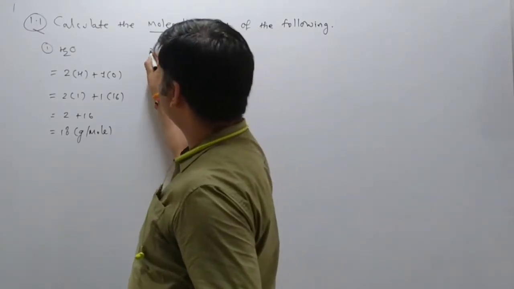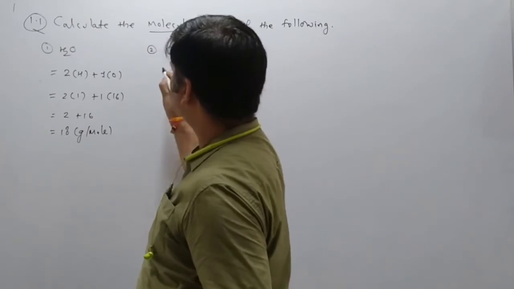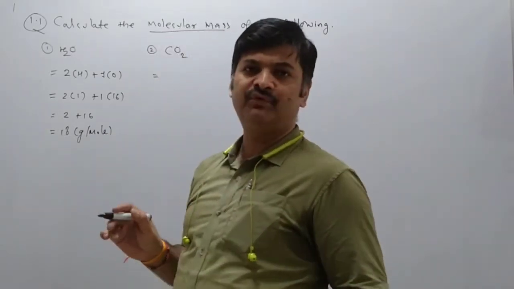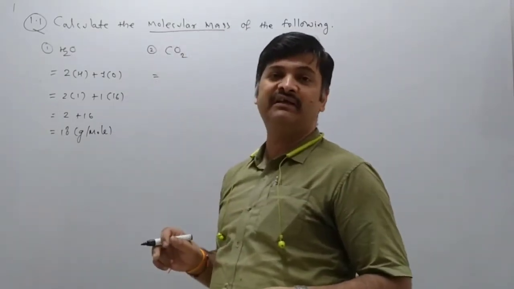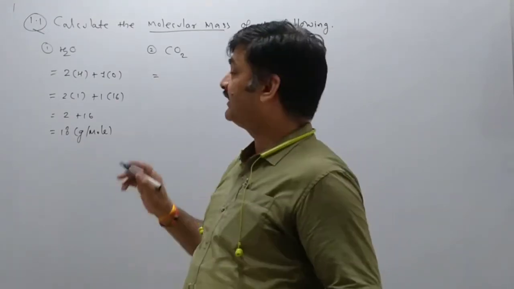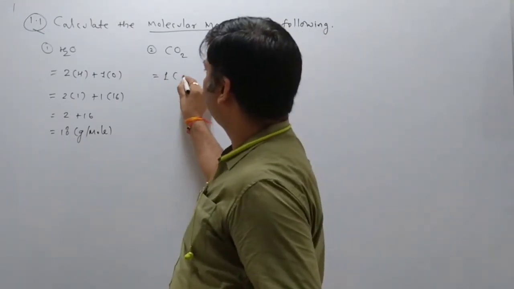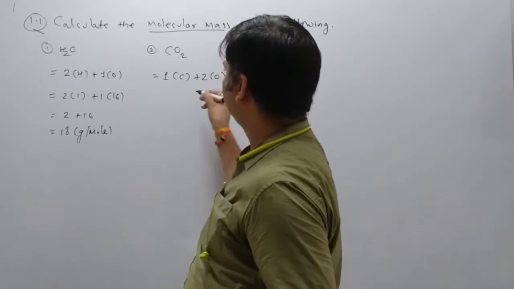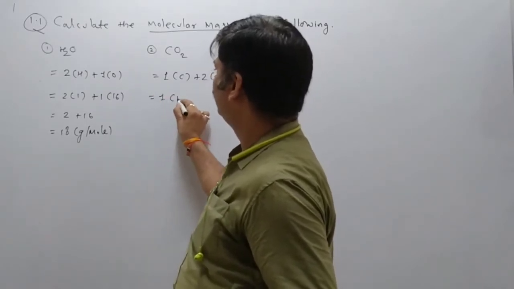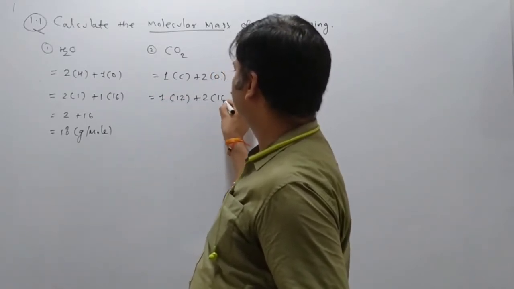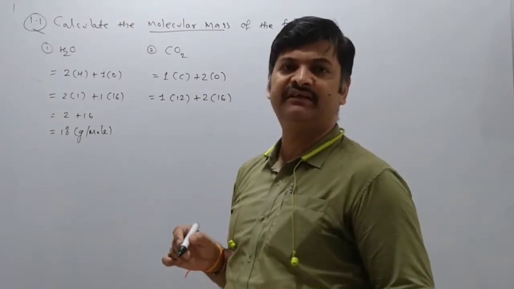Now second question, CO2. First step, whatever number of atoms are given, first of all specify this number. Here 1C, 2O. So 1 times 12, and the mass of oxygen is 16.